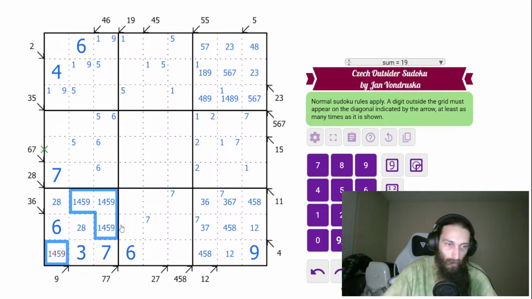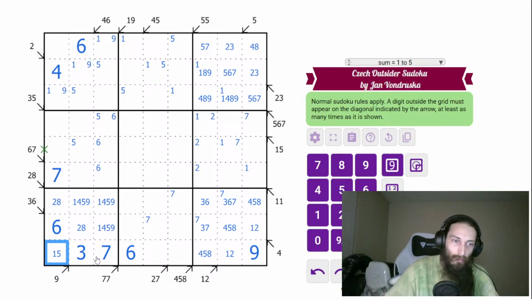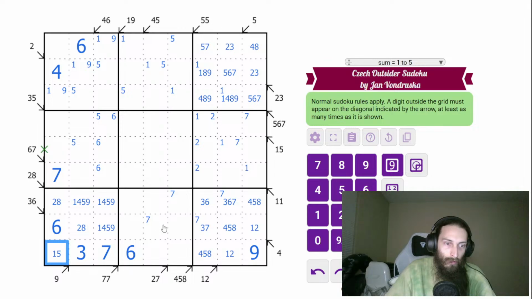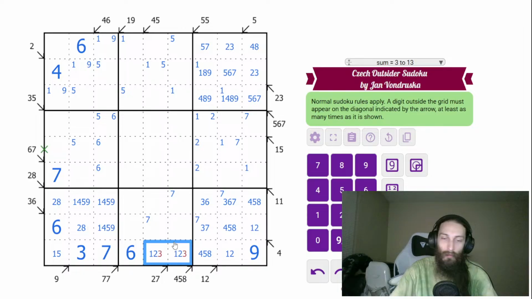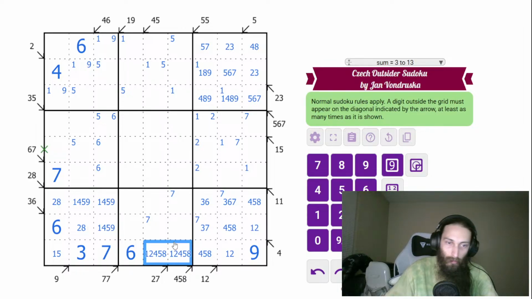One, 4, 5, and 9. Seven, 6, and 9 are all gone.